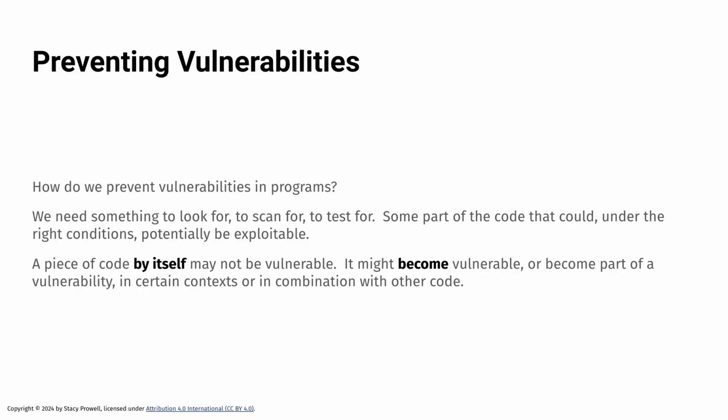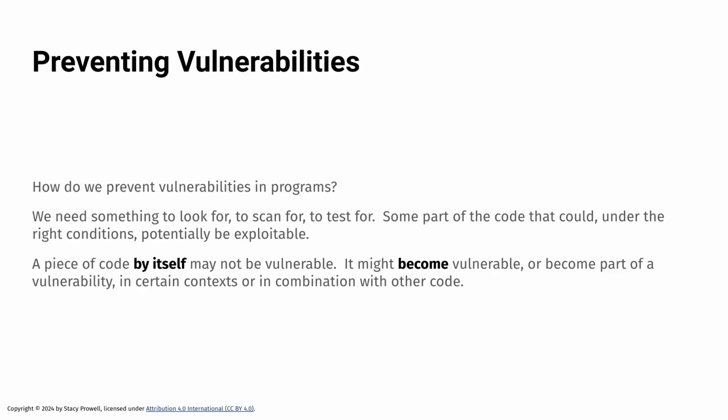So how do you prevent vulnerabilities in programs? It's kind of the bottom line to a lot of what we want to do in secure software development. Well, we really need something to look for, something we can get our arms around and say, this needs to be improved.